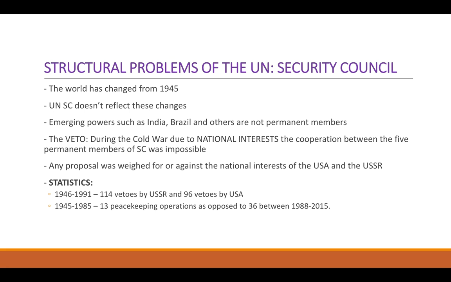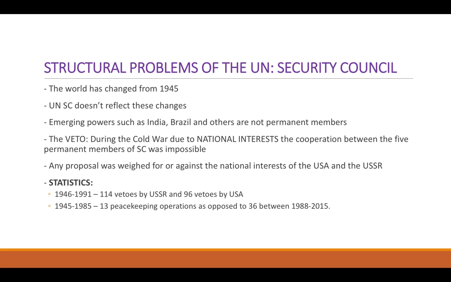Emerging powers such as India, Brazil, and other countries are not permanent members, and the very existence of five permanent members is kind of demotivating for the other countries. They argue: why do Britain, France, the USA, Russia, and China have to be permanent members? The other countries should also have a word to say.